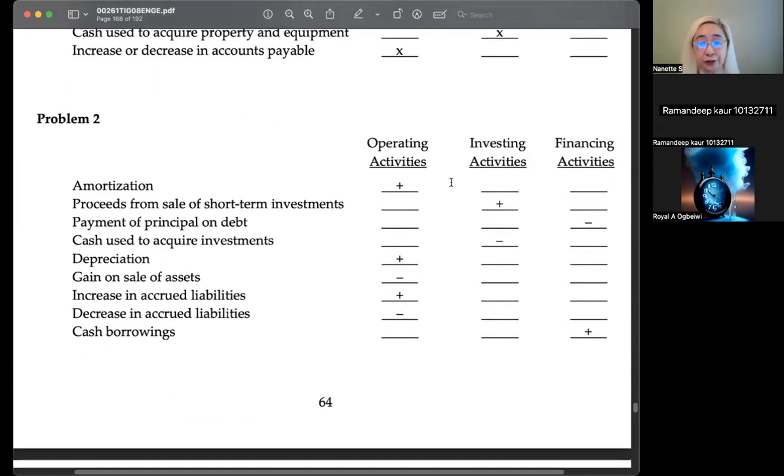So problem number 2, is it going to be considered an addition or is it going to be considered minus? So amortization is added, proceeds from the sale of short-term investment is added, while payment for principal on debt and cash used to acquire investment would be less. It's a minus, right?